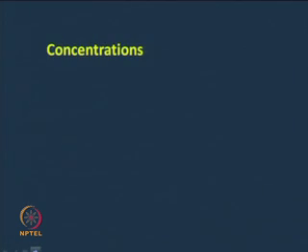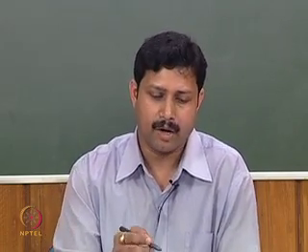Now, in mass transfer, we have to have some units to represent the flux, and we know the concentration in each phase is the driving force for mass transfer. So, we need to know the concentration units. The concentrations are represented in different ways. One is mass concentration.